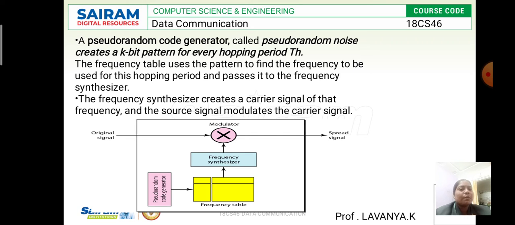The original signal is modulated with the frequency synthesizer, which creates the carrier signal of a frequency, and the source signal modulates the carrier signal only once. So this is what FHSS is.